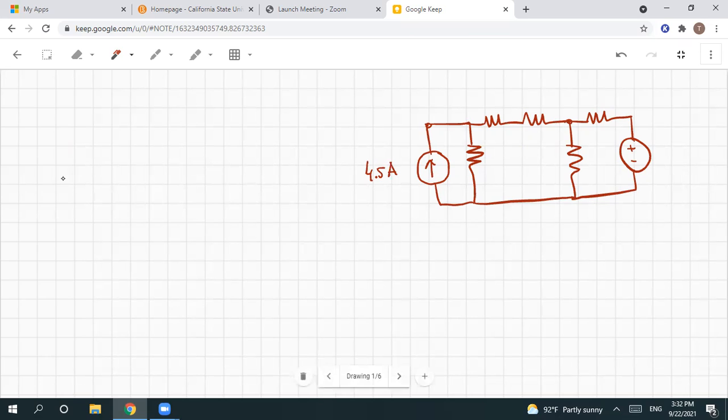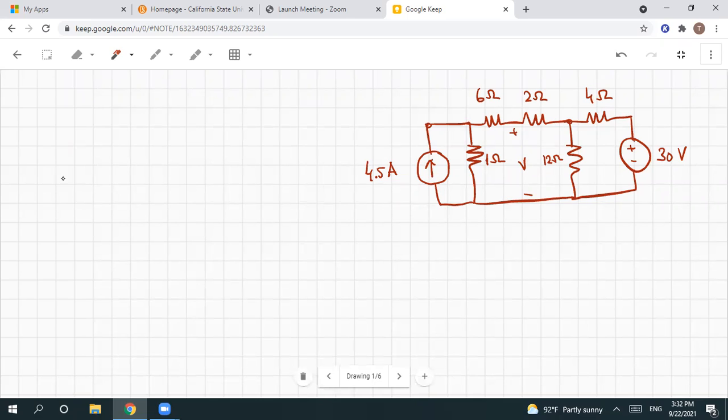We have a 1 ohm resistor, a 12 ohm resistor, and here a 4 ohm resistor. The voltage source is 30 volts, and the top resistors are 6 ohms and 2 ohms. We need to find the voltage between these 2 points.